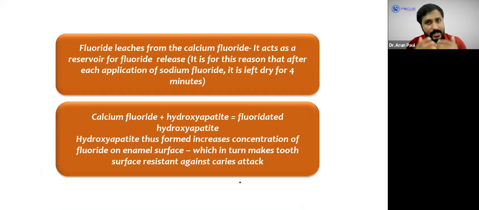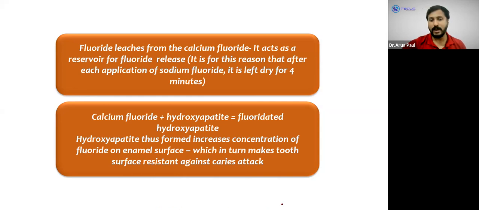The whole purpose of calcium fluoride formation is that you need a reservoir of fluoride. After a period, the calcium fluoride layer that has formed starts leaching out. The fluoride starts releasing, and within the oral cavity's salivary environment it mixes with the saliva and forms a reservoir, which is called residual fluoride. That residual fluoride is very important, because once you finish the application, the presence of this residual fluoride improves the quality of fluoride formed on the tooth surfaces.